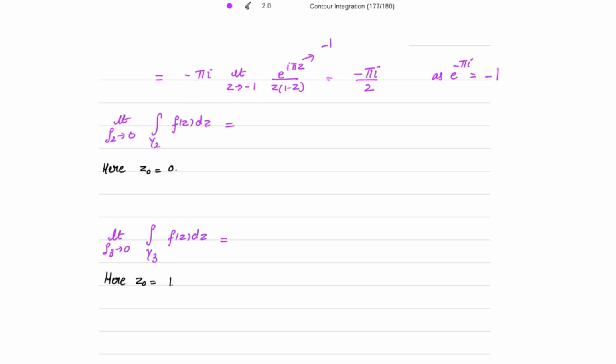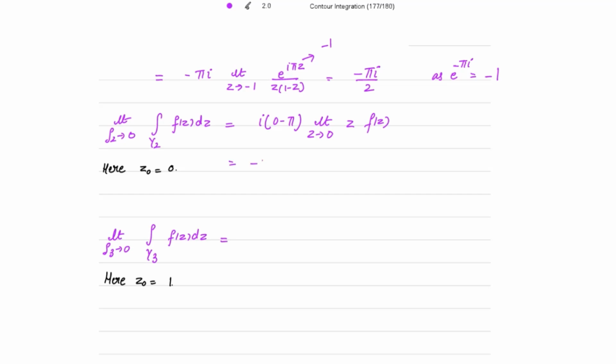Then for rho 2 tending to 0, the limit for gamma 2 semicircle, where z0 is 0. So again the formula: iota times theta 2 minus theta 1, which is 0 minus pi, limit z tending to 0, z minus 0 is z only, f of z.